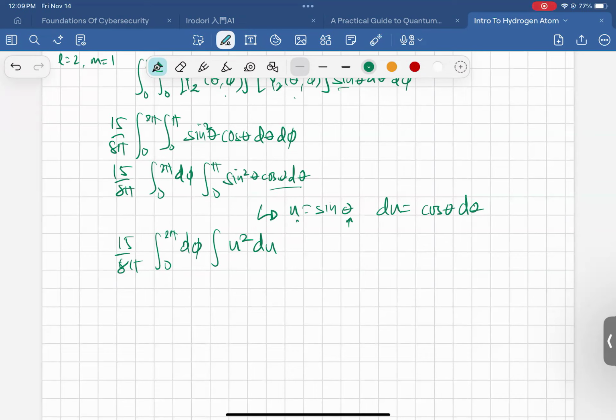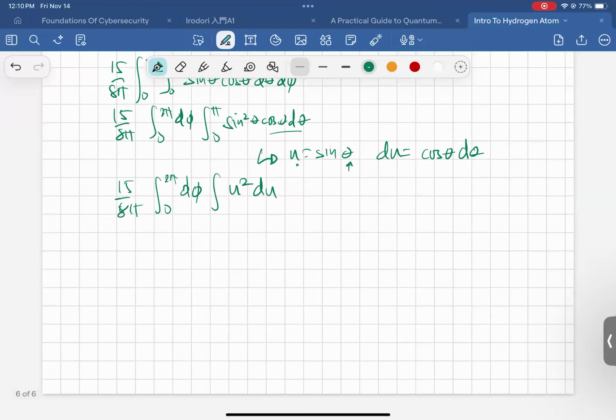Pag pi yan, it will give us sine pi, sine 0. Okay, teka, nalito na ako.